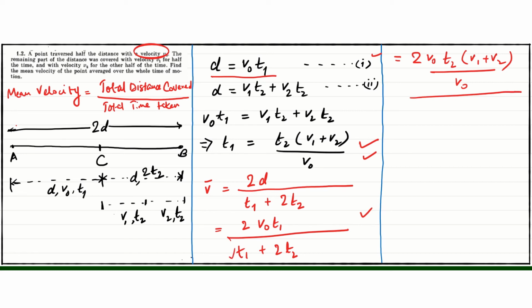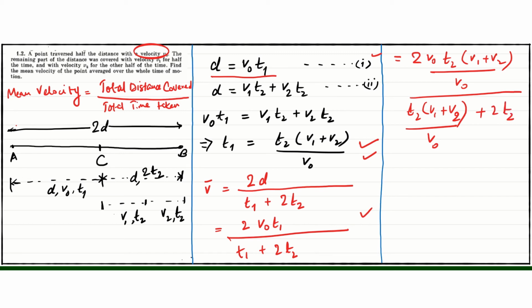This T1 in the denominator, we're going to again write in terms of T2. So that becomes T2 times V1 plus V2 divided by V0 plus twice of T2.